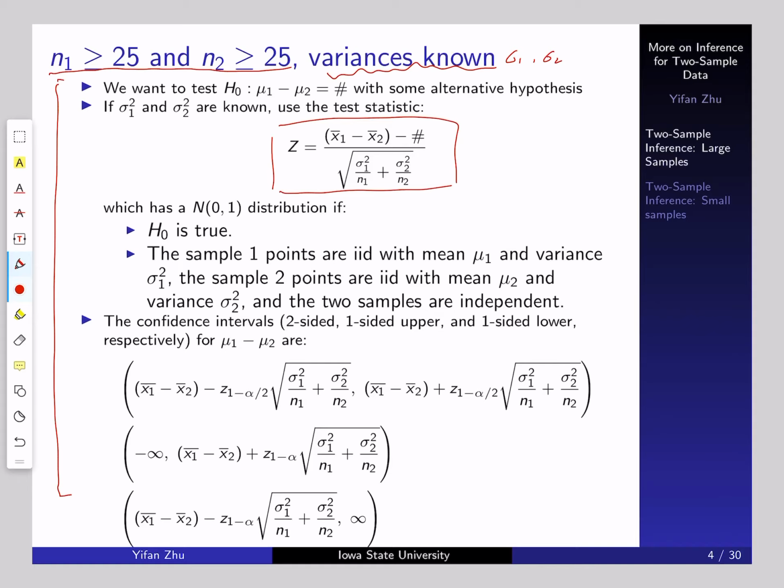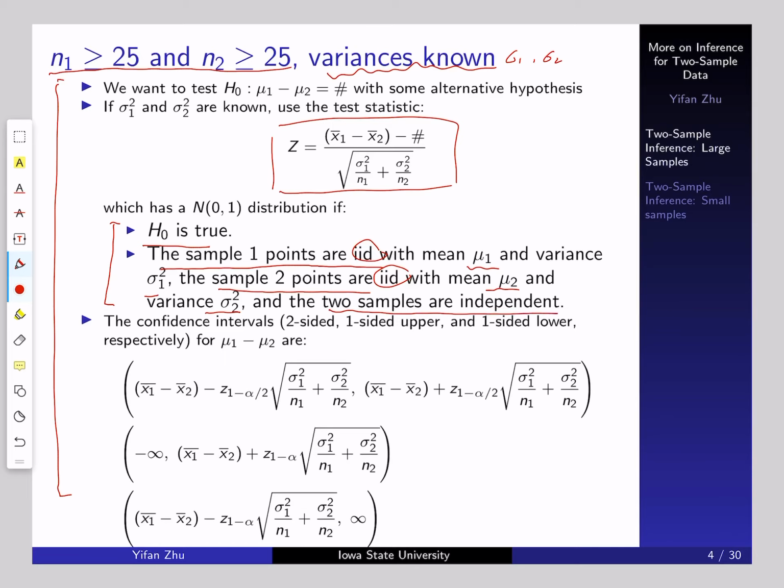And under these assumptions, H naught is true. Sample 1 points are IID with mean mu1 and variance sigma 1 squared. And sample 2 points are also IID with mean mu2 and variance sigma 2 squared. And the two samples are also independent.